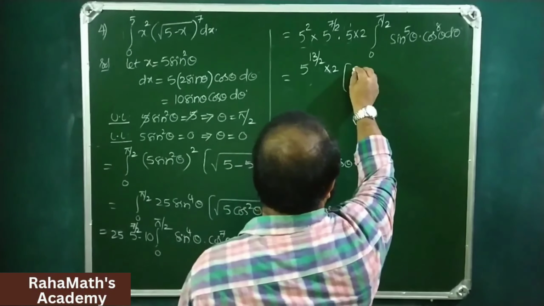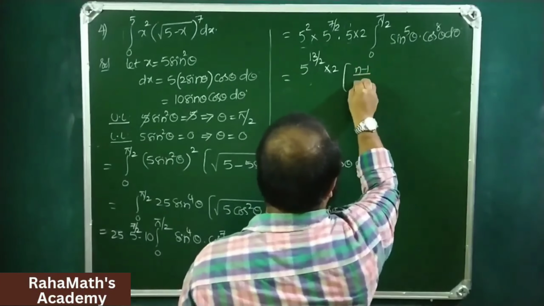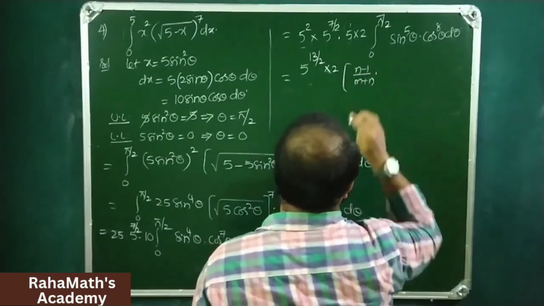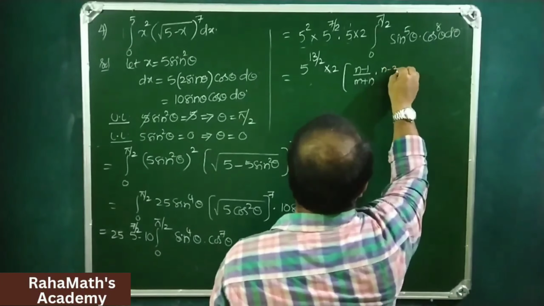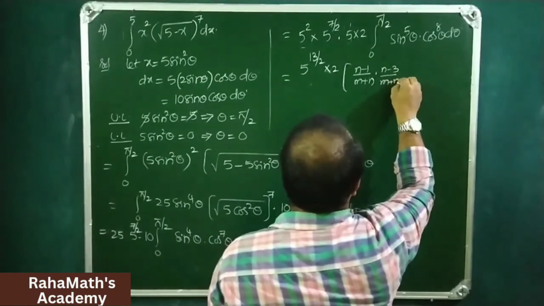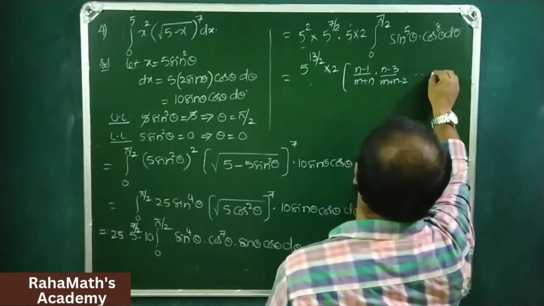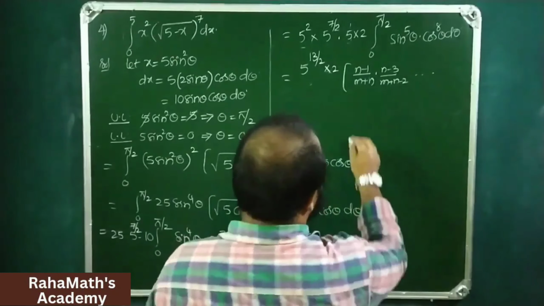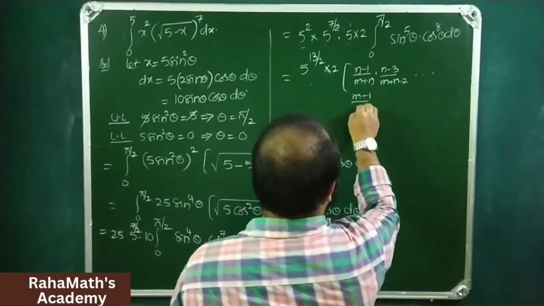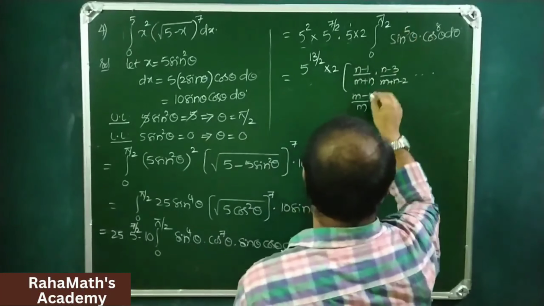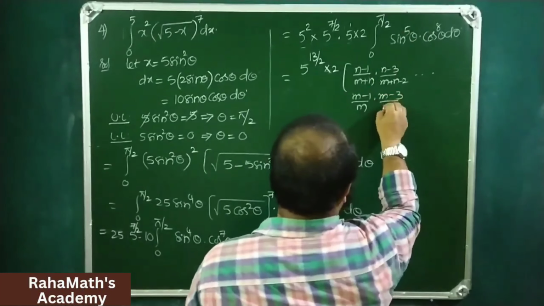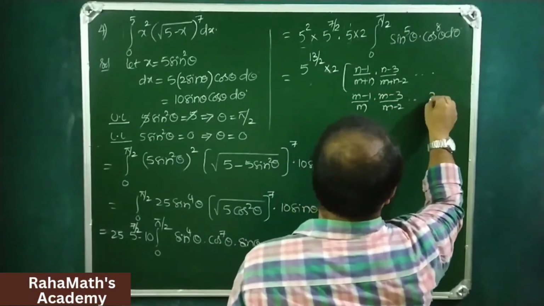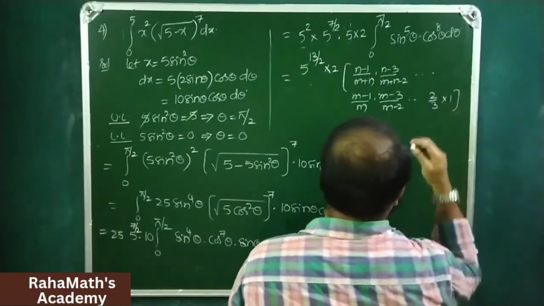That is n minus 1 by m plus n, into n minus 3 by m plus n minus 2, etc., into the second part, which is m minus 1 by m. Since m is odd, m minus 3 by m minus 2, etc., 2 by 3 into 1.